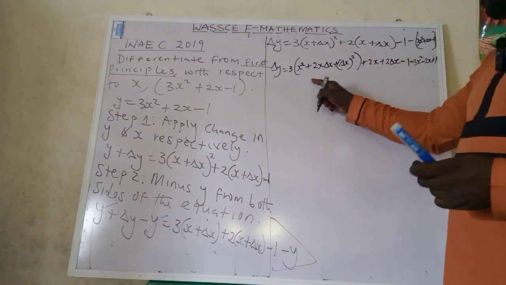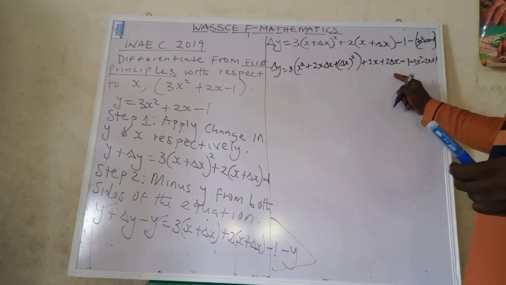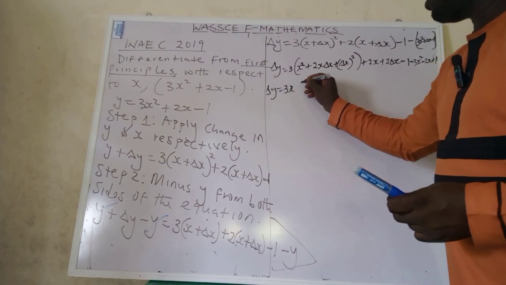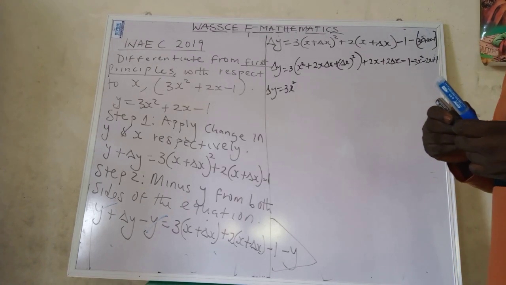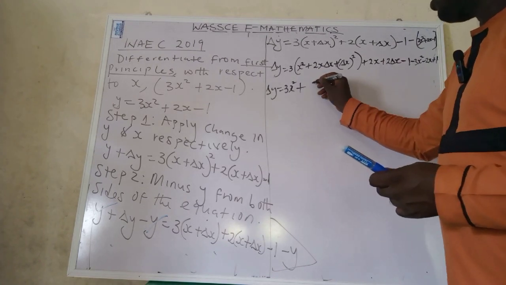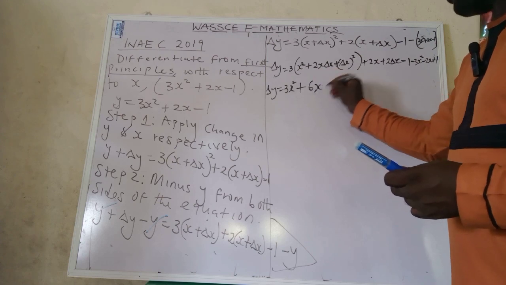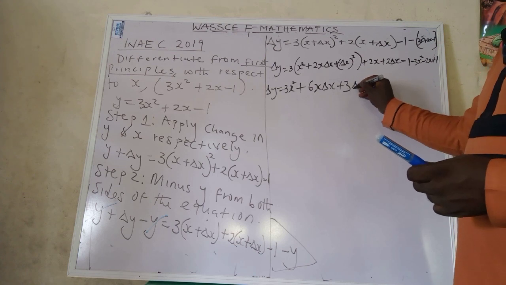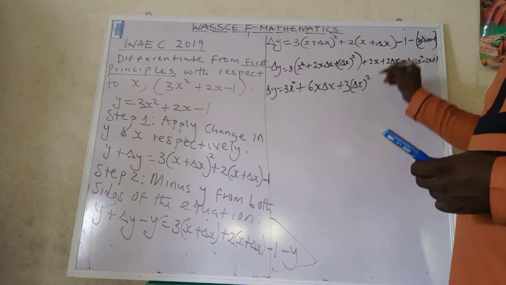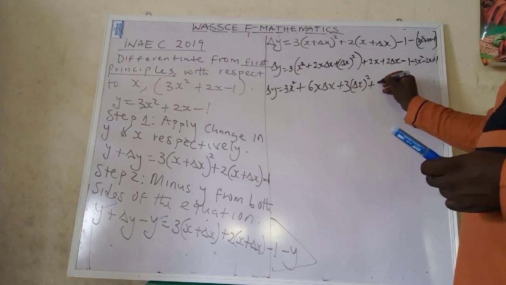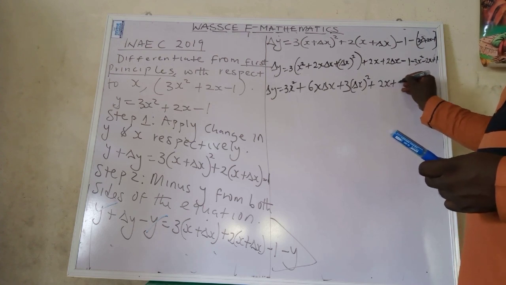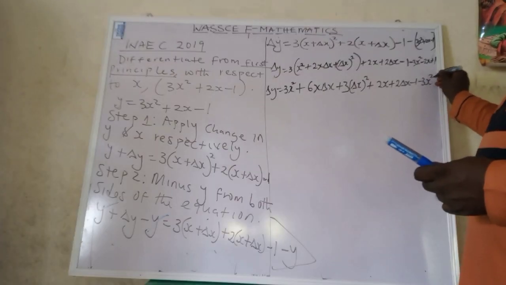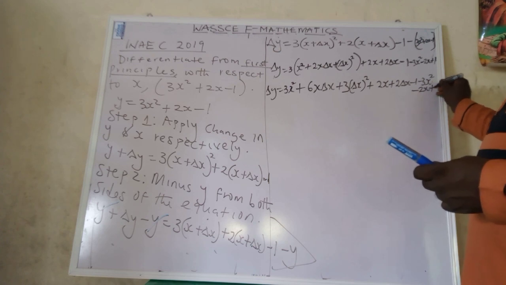You can cancel out things that are similar very quickly. But before then, let's do something. Open the bracket. So you have this. And then you have this 6x change in x, 3 change in x all squared, plus 2x, 2 change in x, minus 1 minus 3x squared minus 2x plus 1.